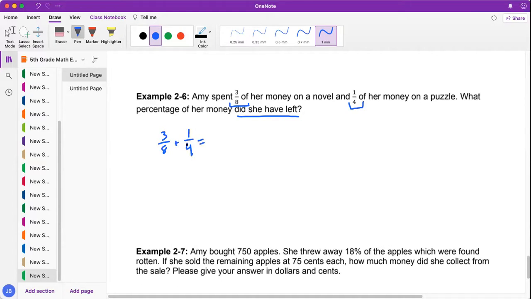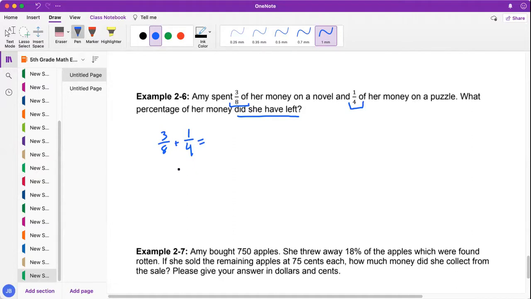Am I making any sense? And then we would do that, and then we times it. What are we timesing here? The percentage of her money she spent.